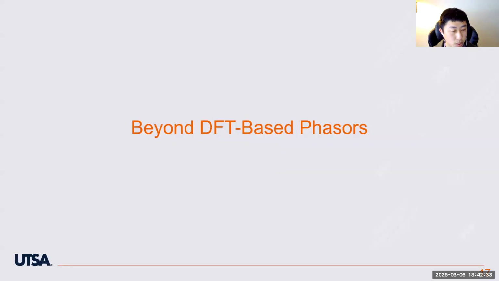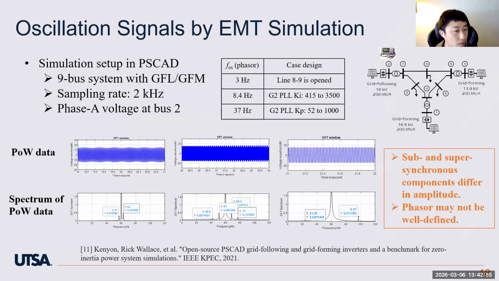So before going forward, one thing I want to remind everyone is the PMU phasors are not the original information of the system. They are the derived quantities. The original or the raw data from the system would be the original physical quantities, which is the current and voltage waveforms. So then let's take a look at what the waveforms look like. So we used PSCAD simulation to generate some waveforms on a 9-bus system where we have 1 grid following and 2 grid forming inverters.